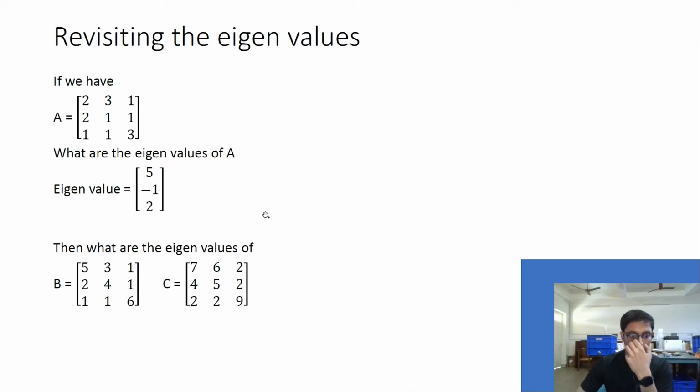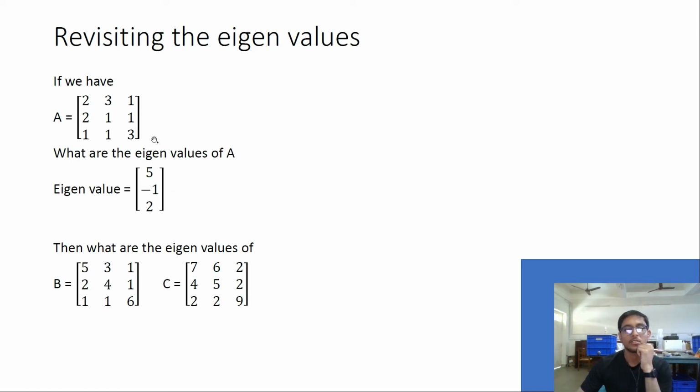Okay, so the thing is, I have added 3 to the diagonal elements of A to create B. Is it visible now? Oh, okay. Yeah, I'll make it clear.